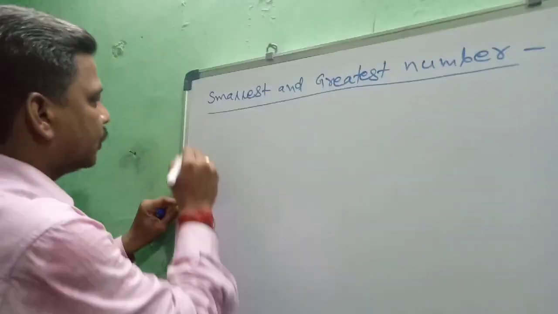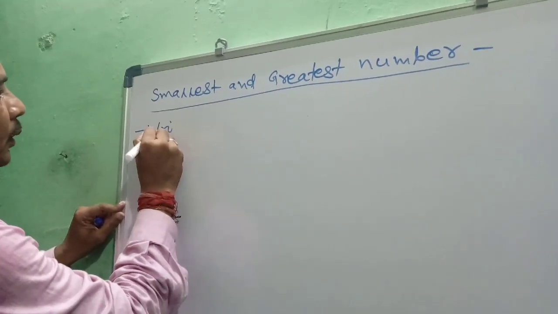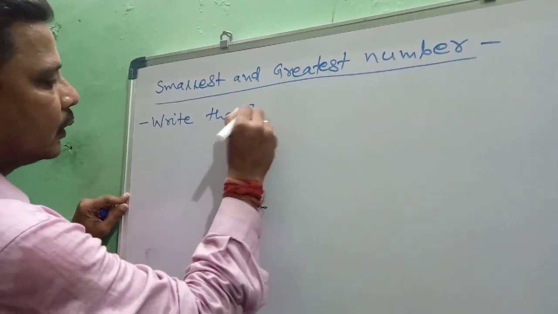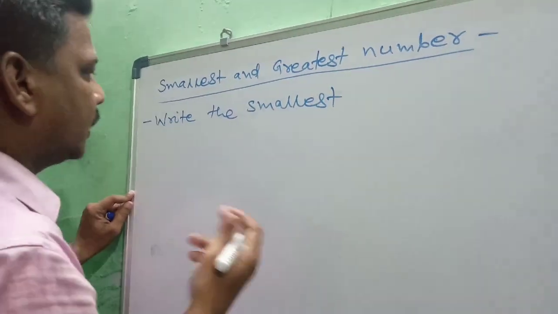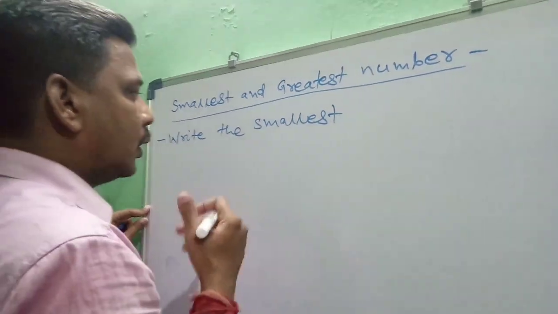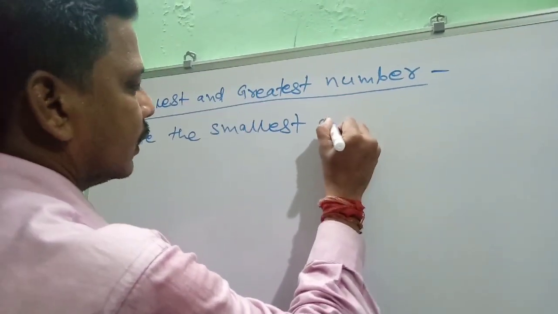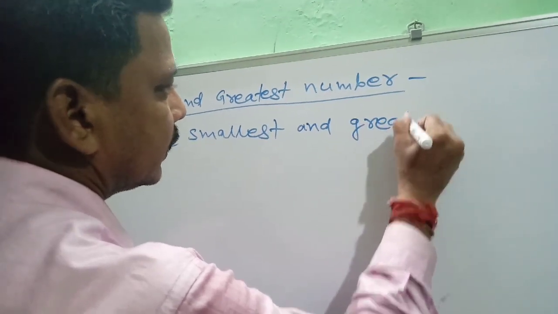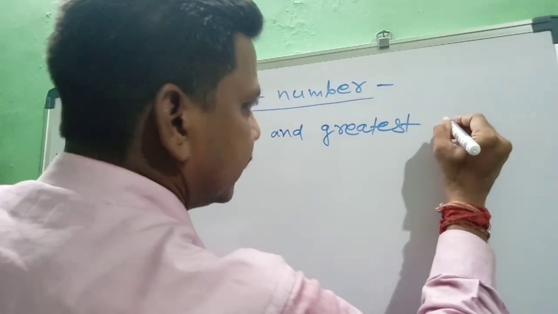Let's take an example. Suppose here is a question. Form the smallest and greatest 6-digit number.